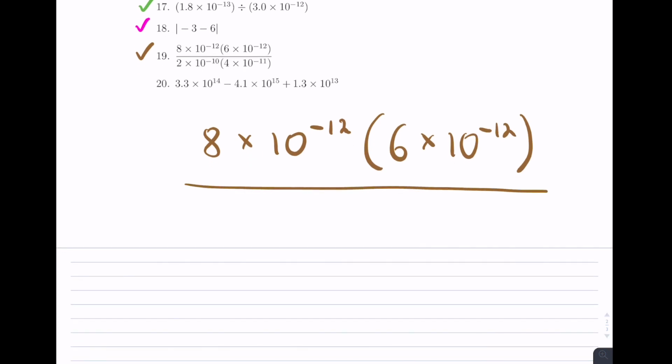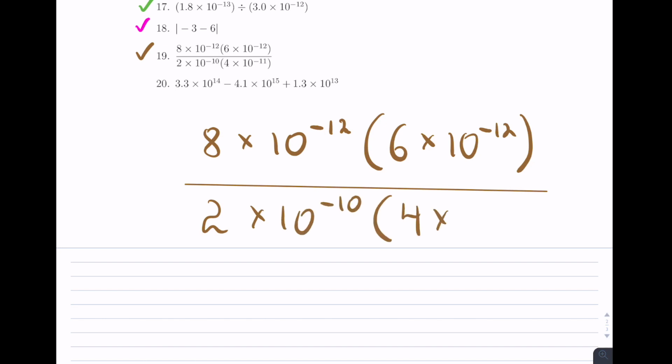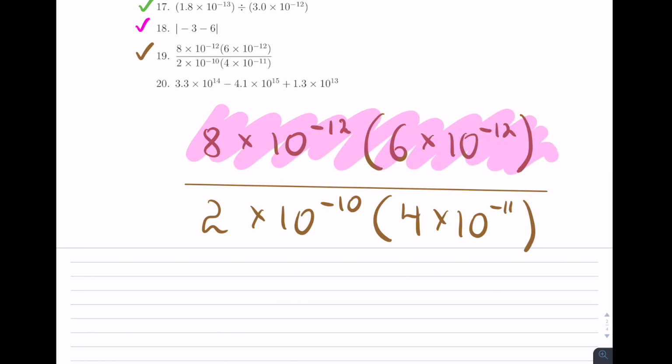And then second, we have the bottom. I like to always worry about this first, and then I'll worry about this second, and then I'll do the division. Let's try that.